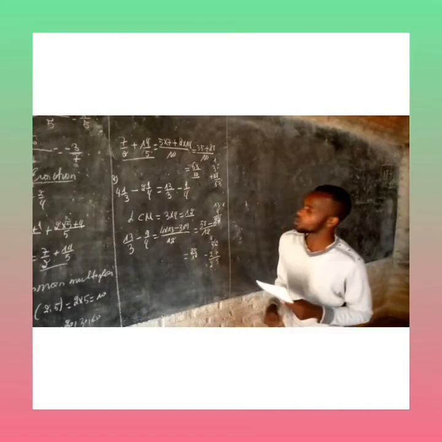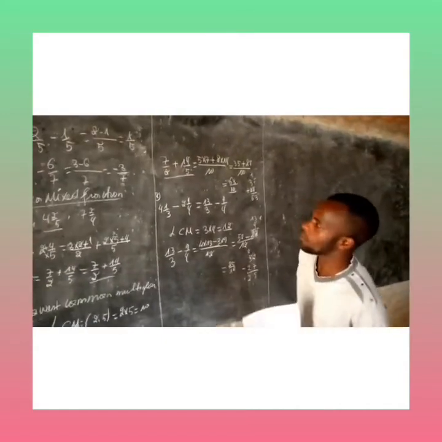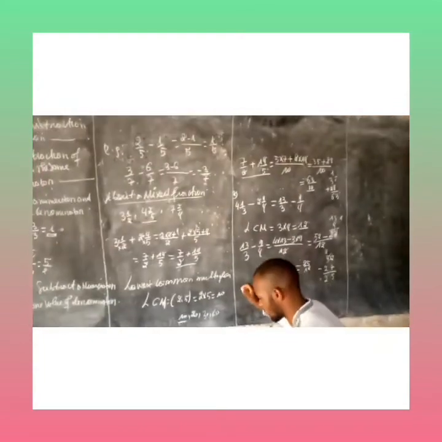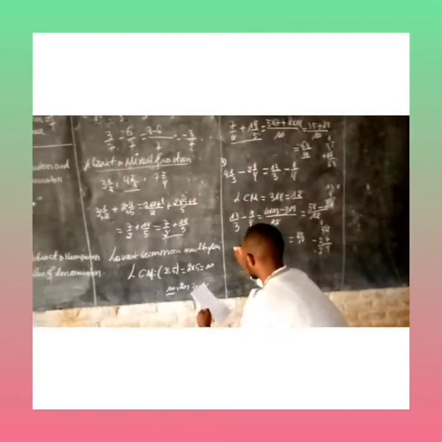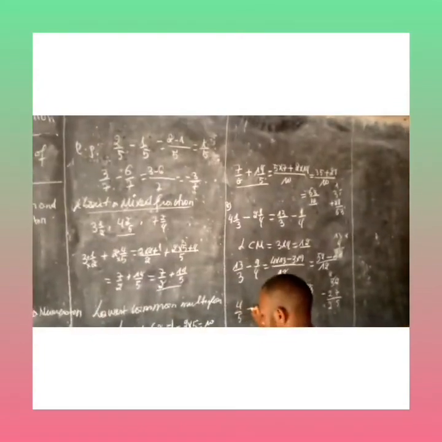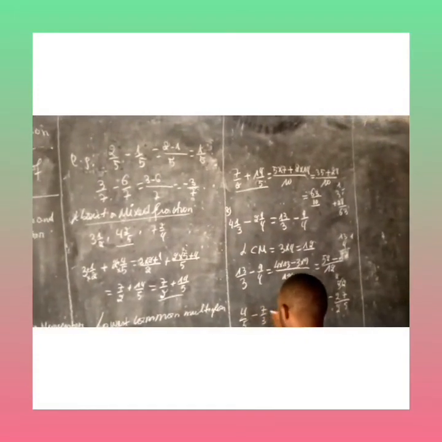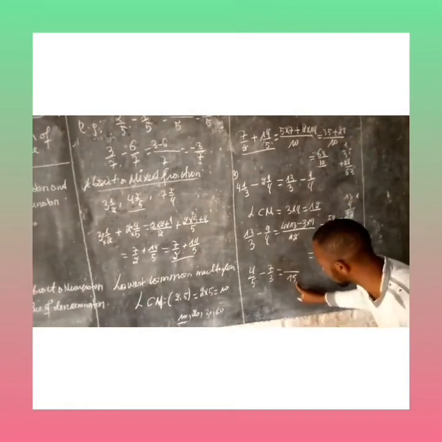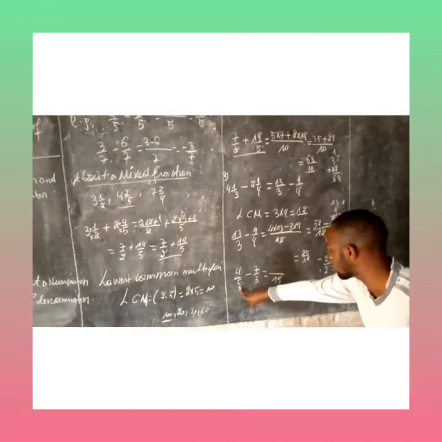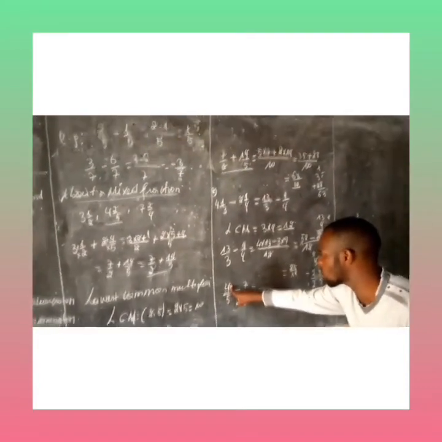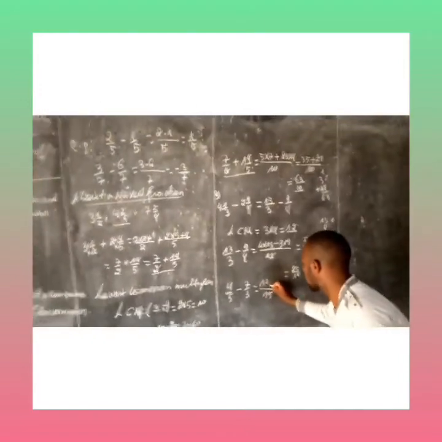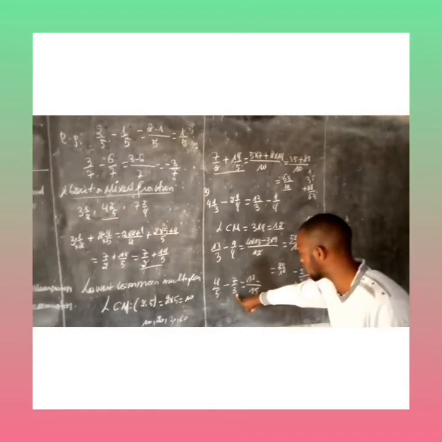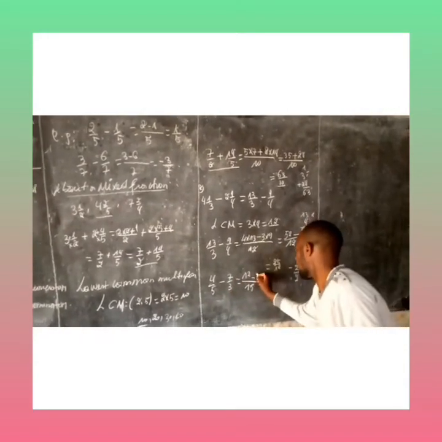This is how to find the subtraction of mixed fractions. Now another example: 4 over 5 minus 7 over 3. Here we have to find the LCM, which is 15. 15 divided by 5 is 3, 3 times 4 is 12, minus 15 divided by 3 is 5, 5 times 7 is negative 35.